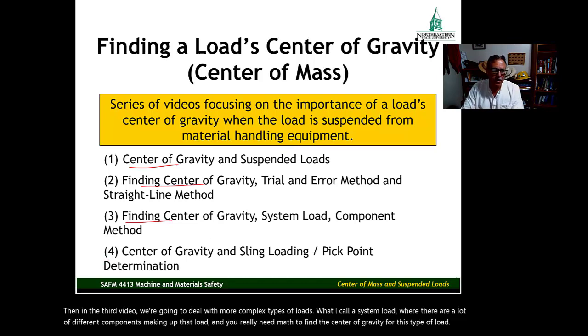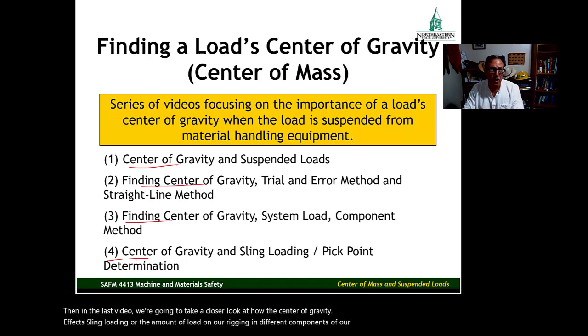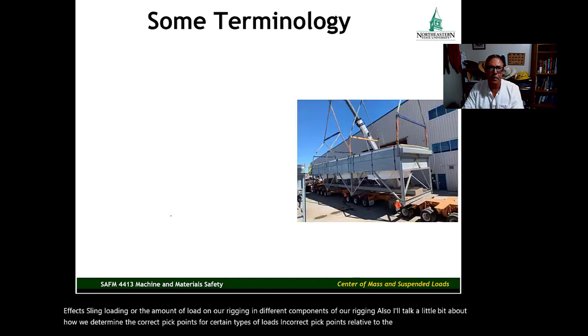Then in the last video, we're going to take a closer look at how the center of gravity affects sling loading, or the amount of load on our rigging and different components of our rigging. Also, I'll talk a little bit about how we determine the correct pick points for certain types of loads. Again, correct pick points relative to the load's center of gravity.